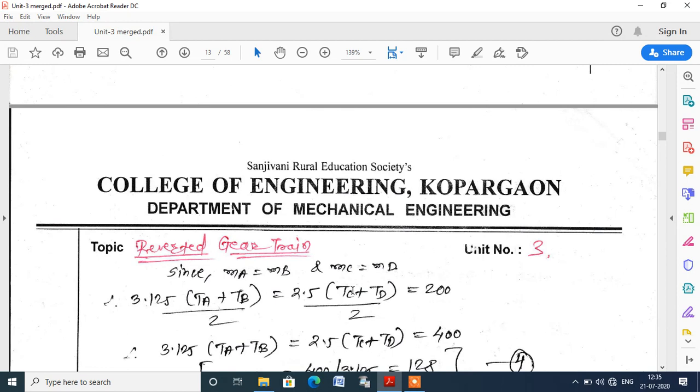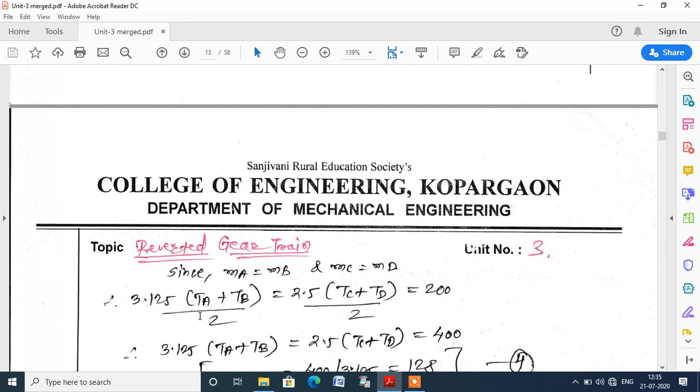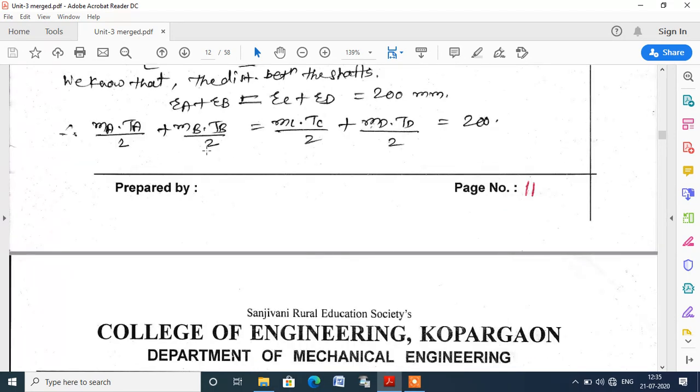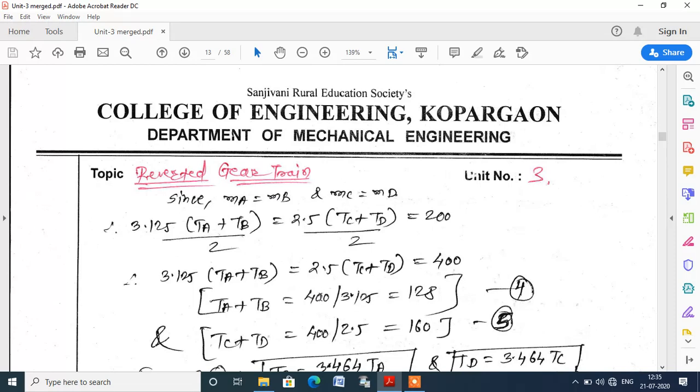If you put the values, it becomes 3.125 into Ta plus Tb, with 3.125 divided by 2 common, and 2.5 into Tc plus Td, with 2.5 divided by 2 common, is equal to 200. If we solve this, we will get Ta plus Tb equal to 128 and Tc plus Td equal to 160.